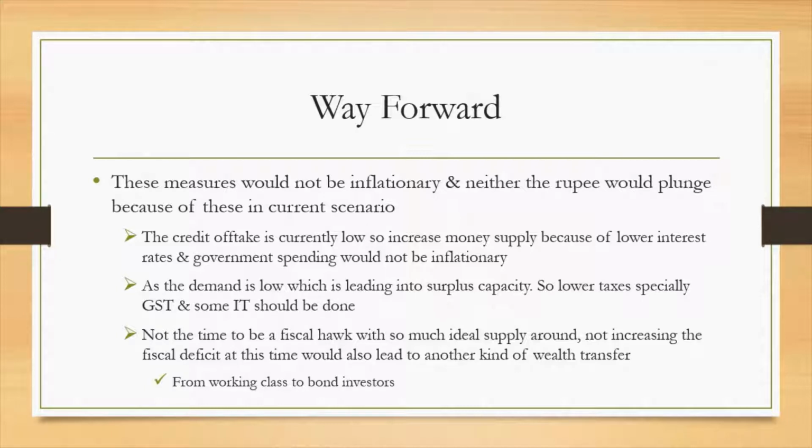And second is, there are few people in the country who pay income tax, so it will hit very few people. GST, if you reduce, will hit a larger population. Ideally, both will be okay, but if someone has to do one, I would say GST is number one.